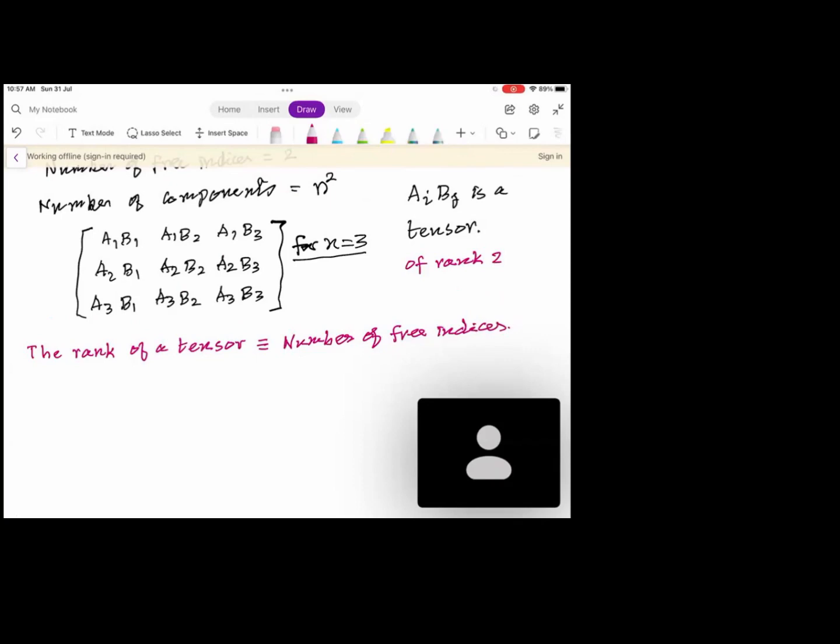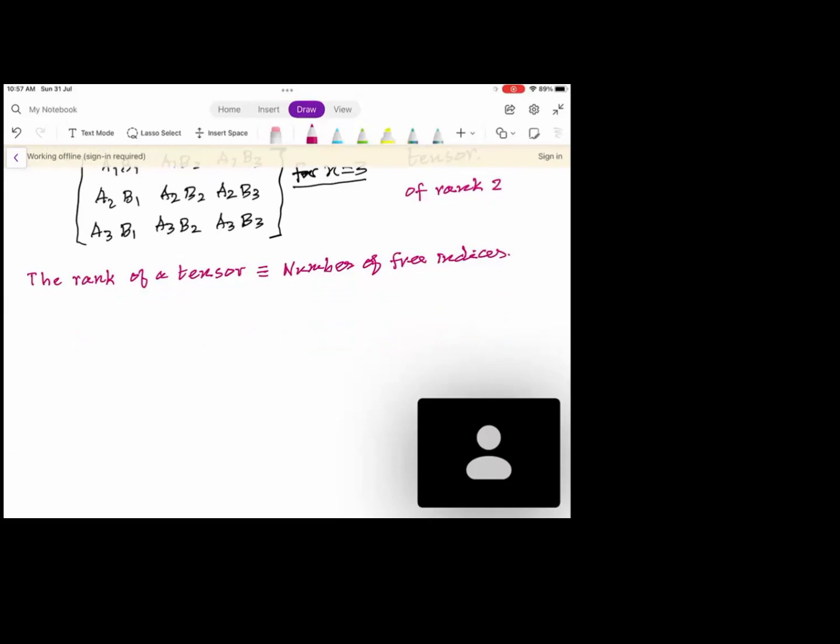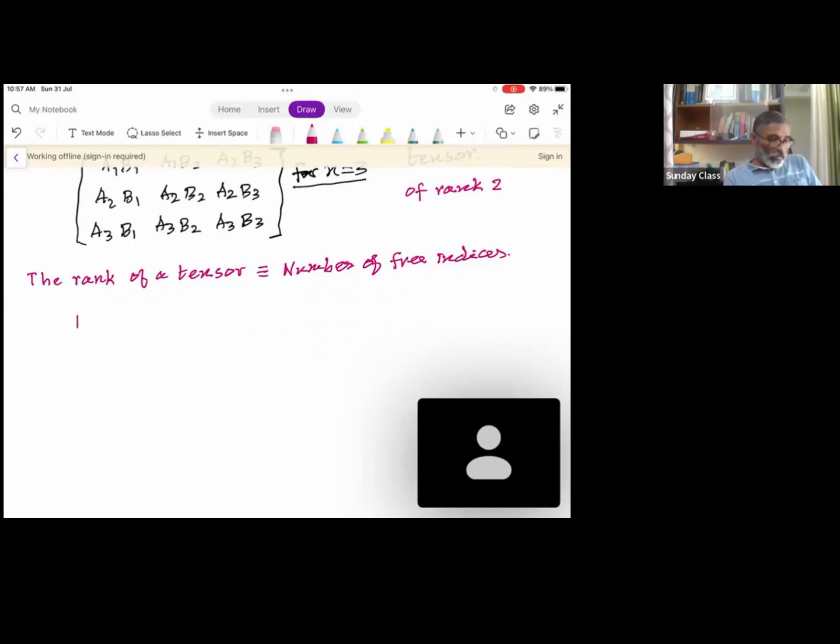Now we ask a question: if you have a tensor of rank R in n-dimensional space, I call it T, let us say, with indices i1, i2, i3, up to iR.